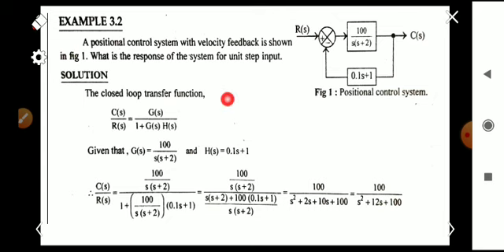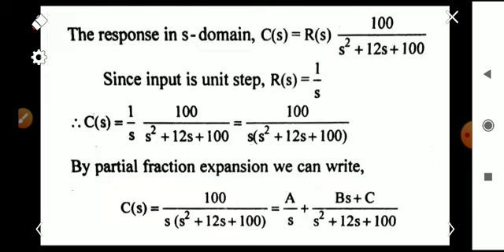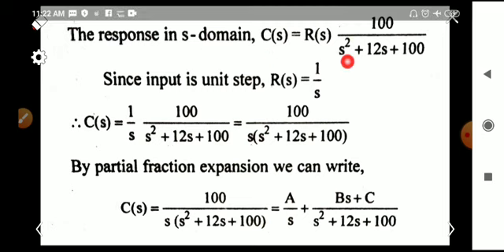We have to give a unit step as the input, so the input R of s will always be 1 by s. C of s we obtain by multiplying our transfer function with R of s.